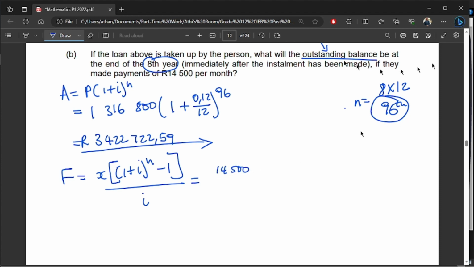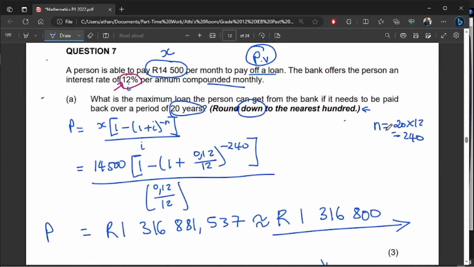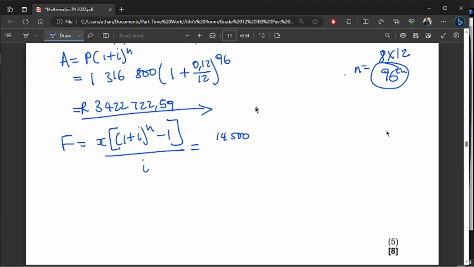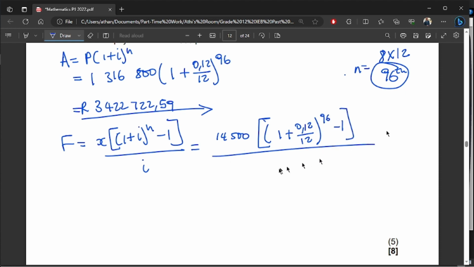Let me just get that right. Sorry for this scrolling up and down. I have to get the right figures. Can't keep everything in my mind, guys, but I'm trying. Our percentage is 12% over 12 for 96 minus 1, all divided by 0.12 over 12.